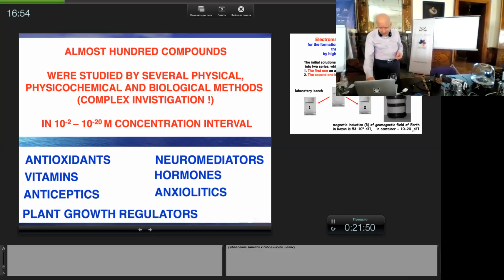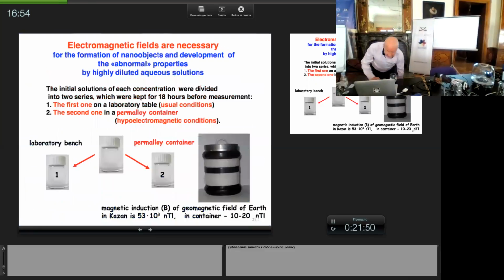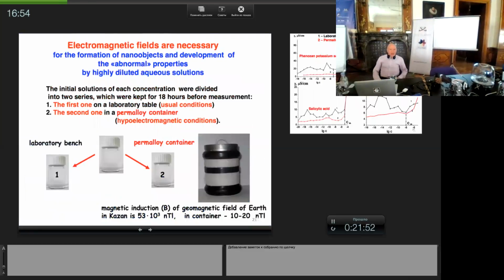What they did, they had at some dilution, with some concentration, then divided it into 2 parts. They made succussion, dilution, and one part they keep on the table in the laboratory. Another part they put inside the permalloy container.